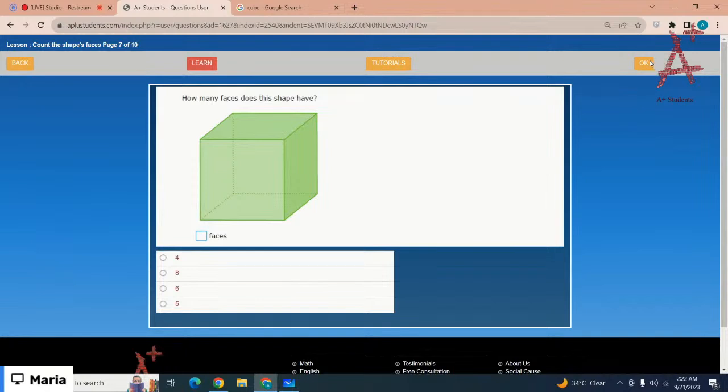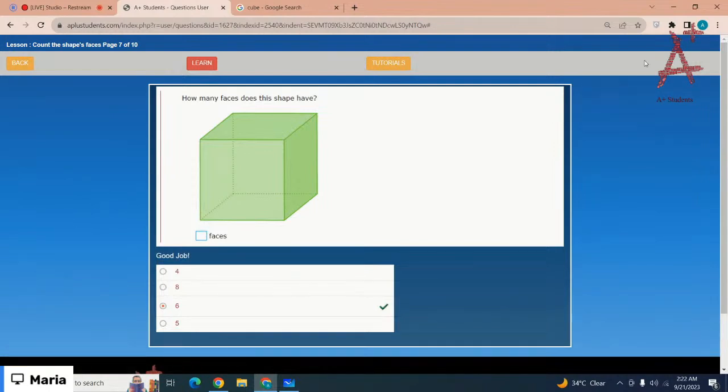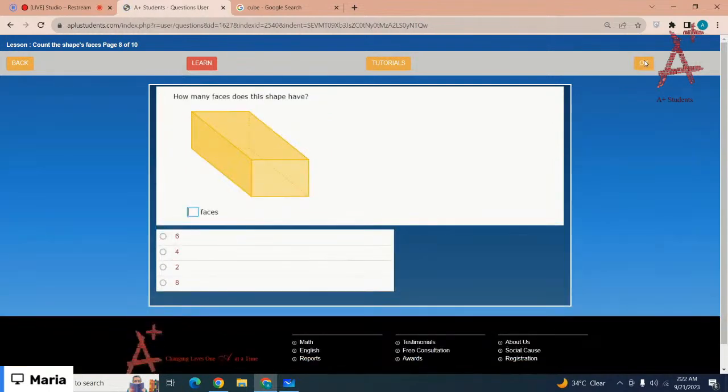The shape has exactly six faces. So the correct option is six. How many faces does this shape have? Which is the correct option? Four?